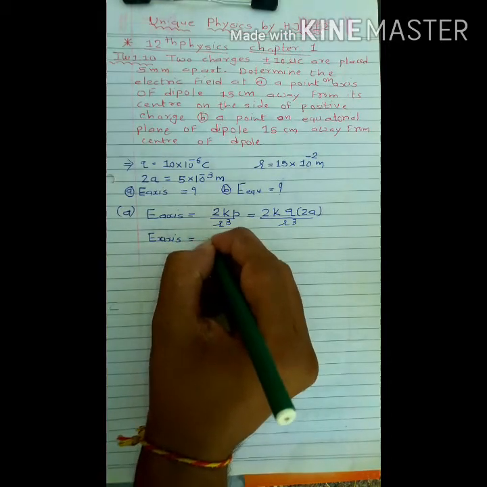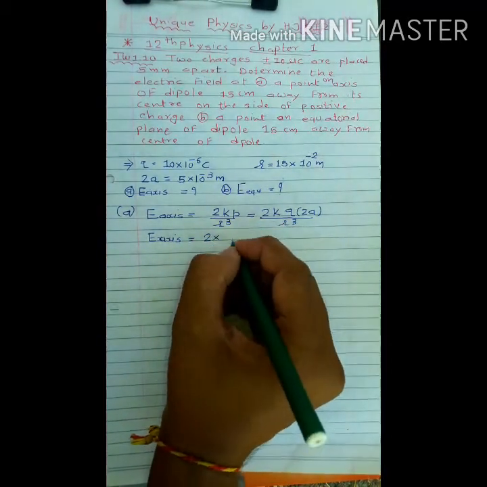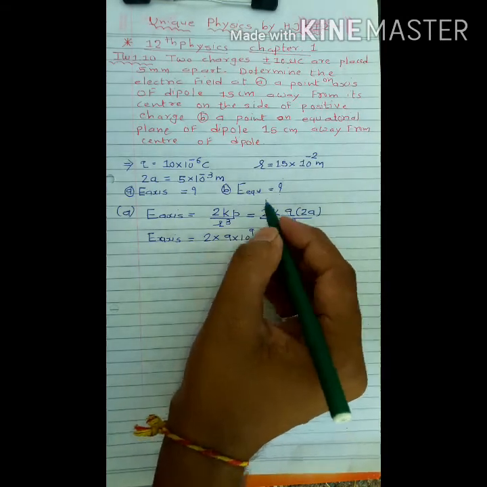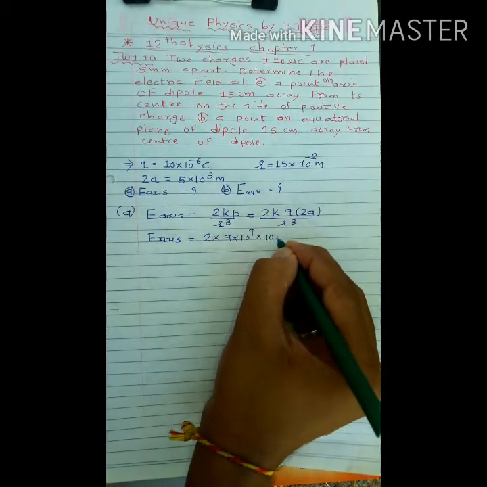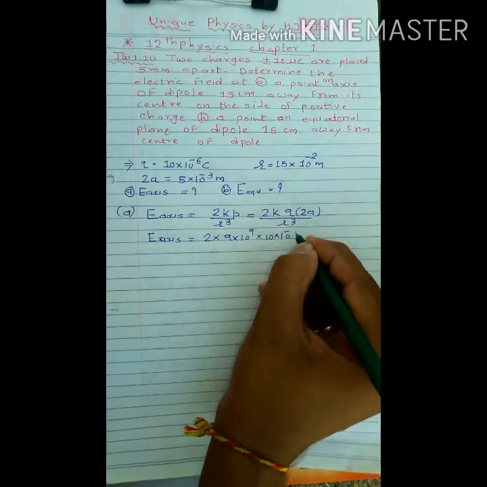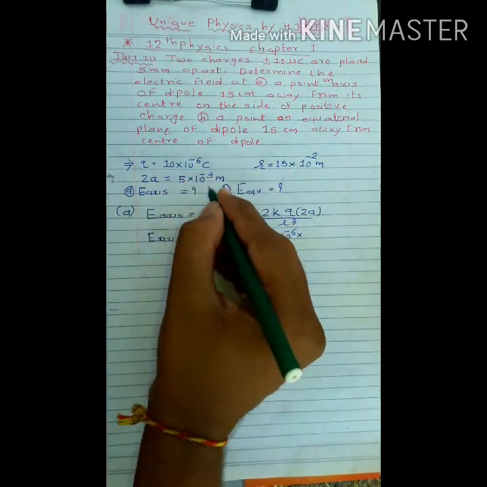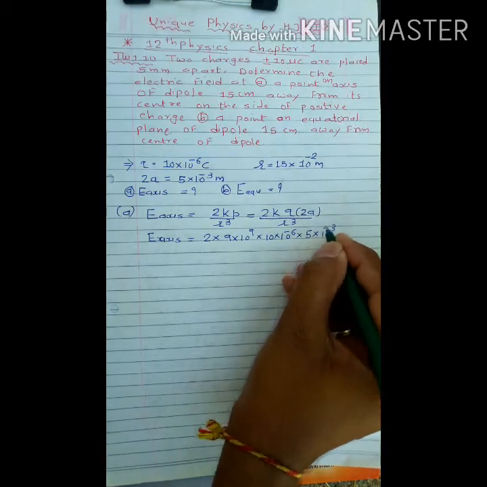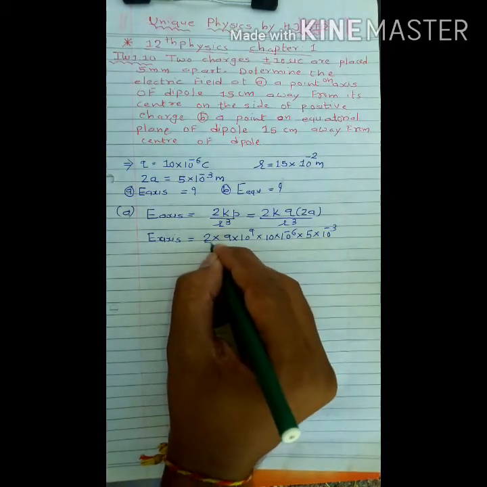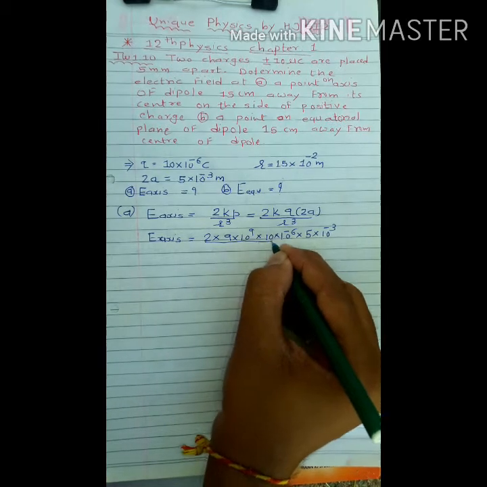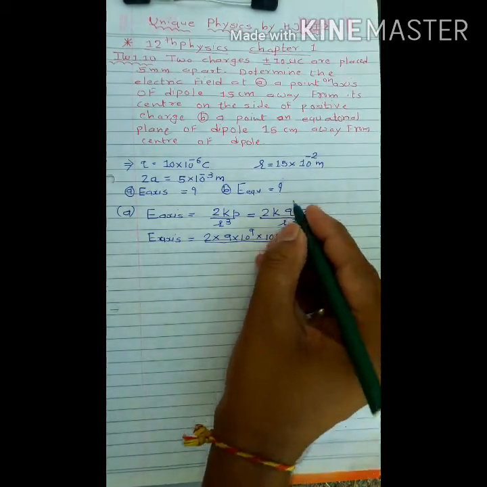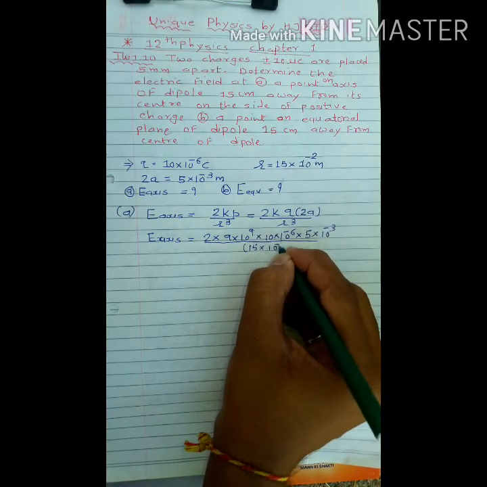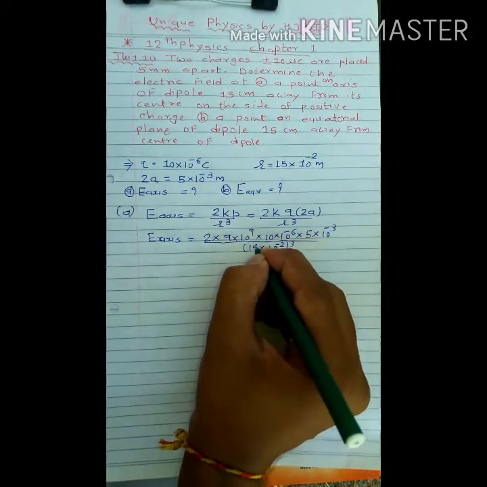So E axis is equal to 2 as it is, k, the Coulomb constant, 9 into 10 raised to 9, the magnitude of charge 10 into 10 raised to minus 6, the distance 2a between the two charges 5 into 10 raised to minus 3, divided by r cube. r cube means 15 into 10 raised to minus 2, whole raised to cube.